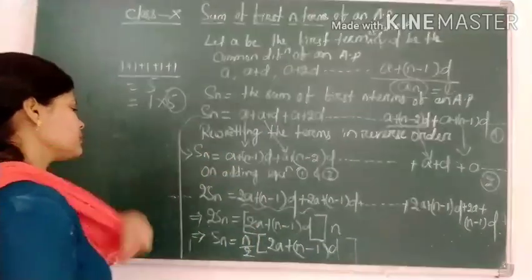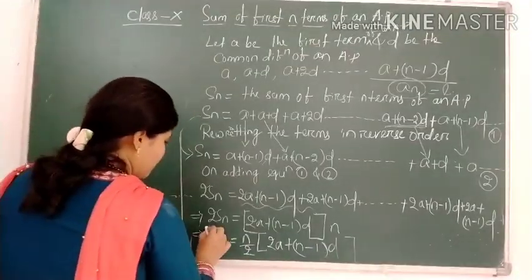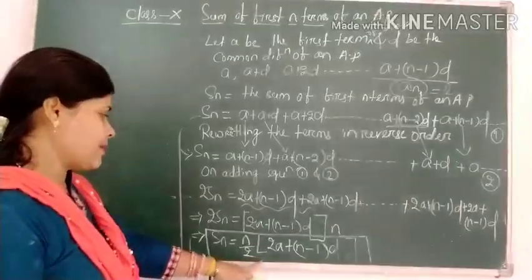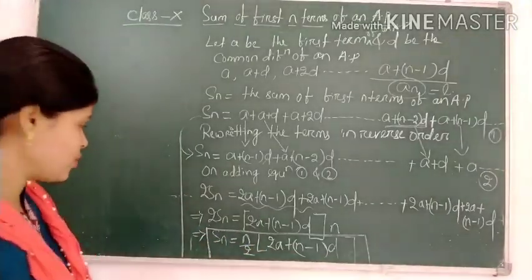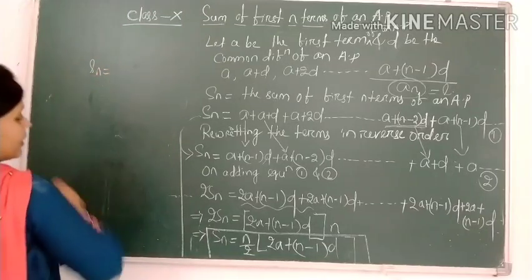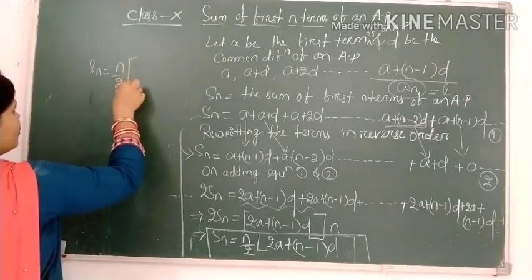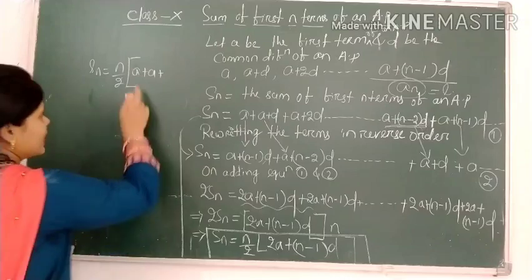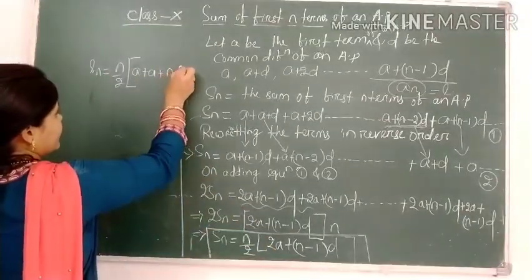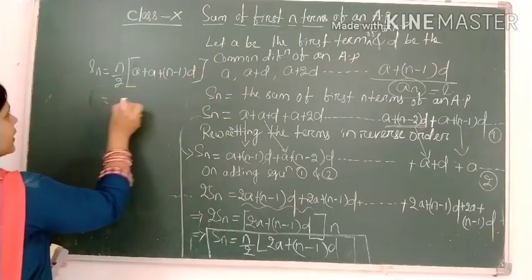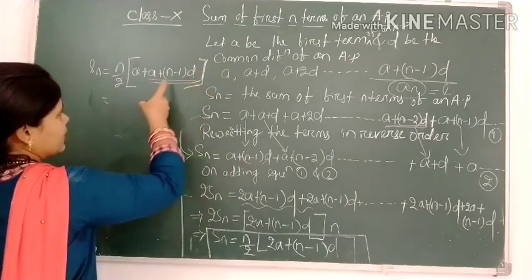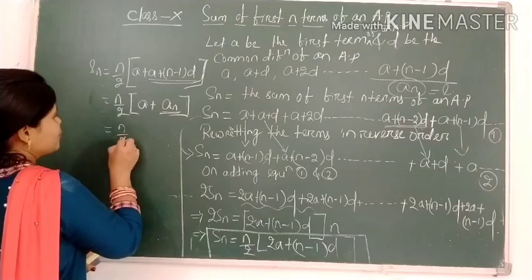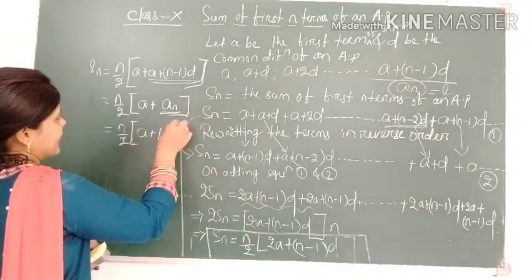Got it, students? And this is the formula of the sum of n terms of an AP, which is n by 2 into 2A plus n minus 1 into D. In other way I can write n by 2 into 2a, which means if I write a plus a in place of 2a, then, as you know, a plus n minus 1 into d is your L. So n by 2 into a plus L. Okay.